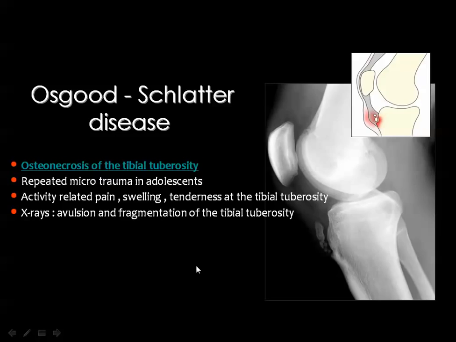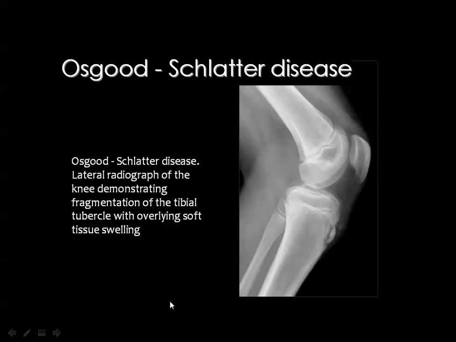As you all know, most avascular necrosis or osteonecrosis at different sites in the musculoskeletal system usually manifests by bone sclerosis, fragmentation, and collapse of the affected part of the bone. And here you can see that the tibial tuberosity is fragmented, and you can see some reactive bone sclerosis in the fragments.